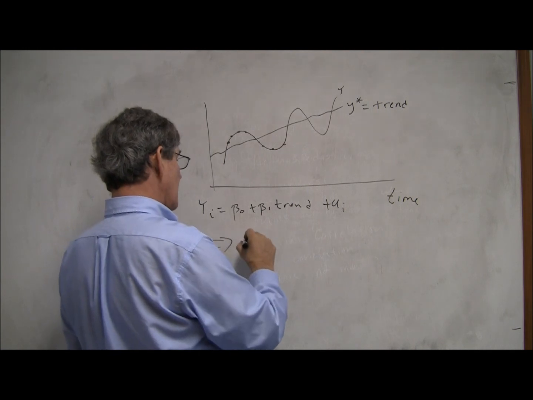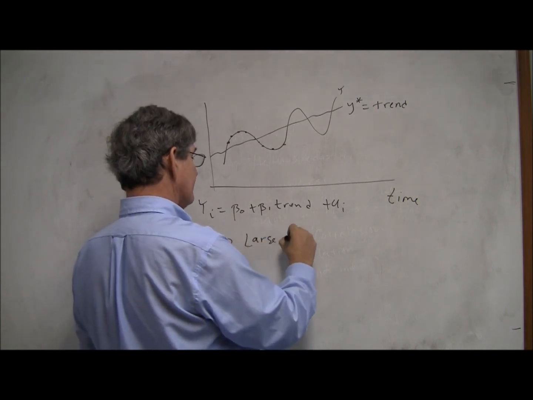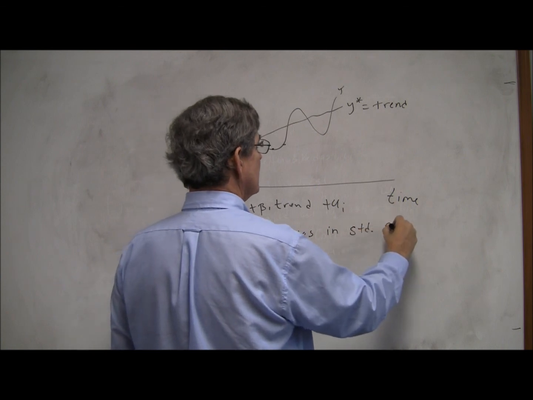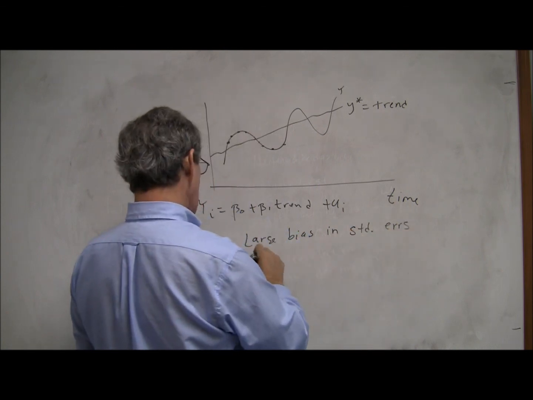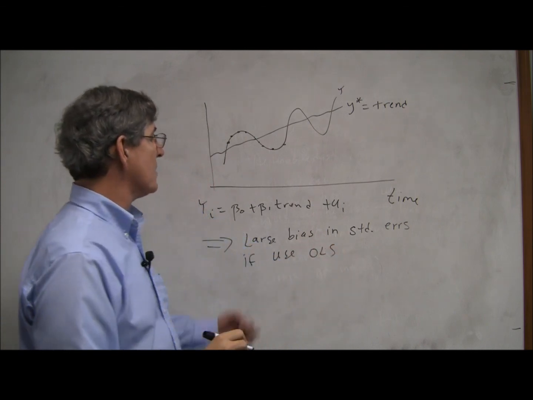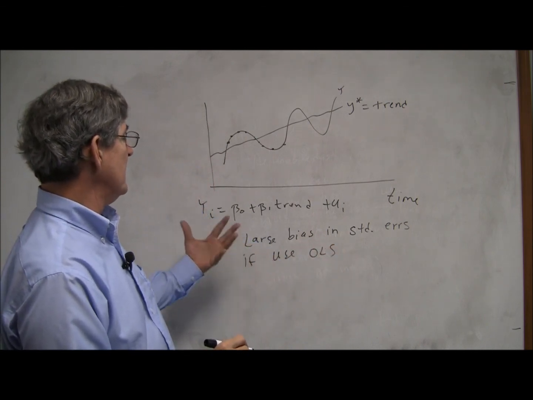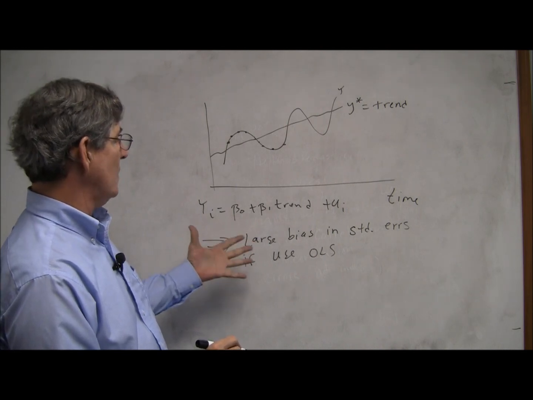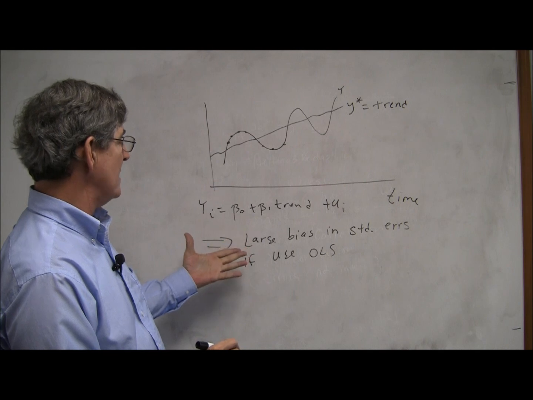This causes a large bias in the standard errors if you use OLS. There are other estimators, there are corrections that you can do that get rid of the bias, but you can get really biased standard errors.